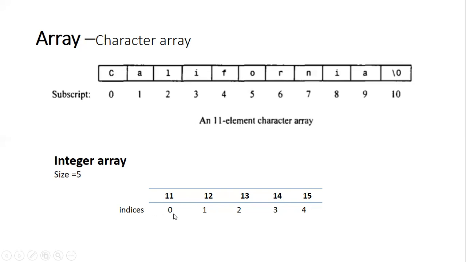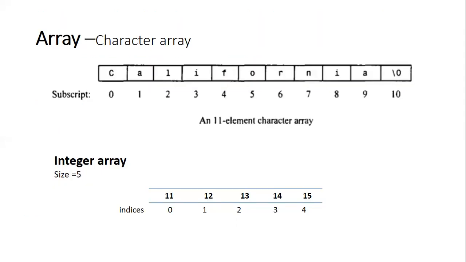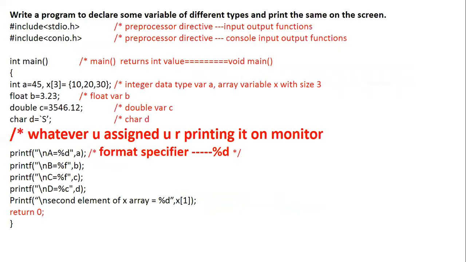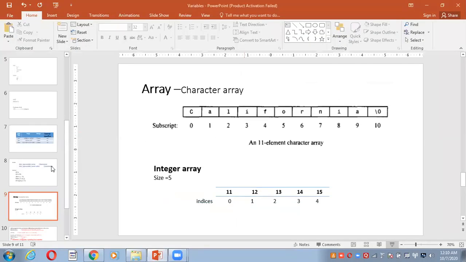To interpret the position of an element, I have indices. We can write it as a subscript also, or represent it as an index value. This array has size 5 and the above array has size 11, as shown in the diagram. We can declare this kind of array specification in a specific way; we will look at it in the next slide.